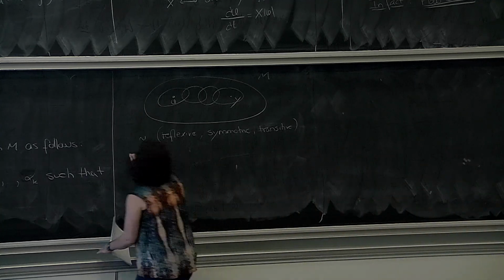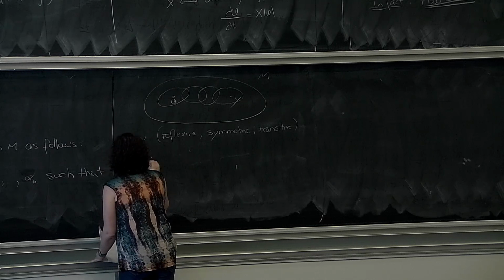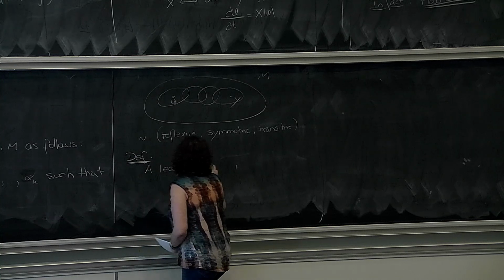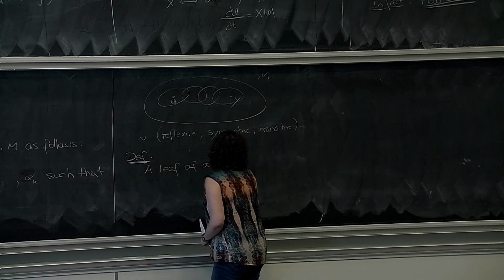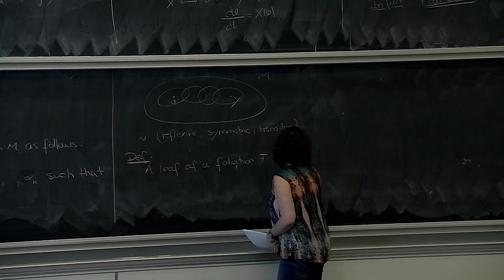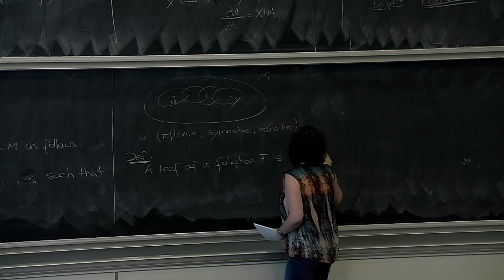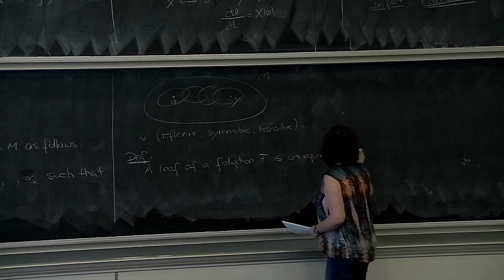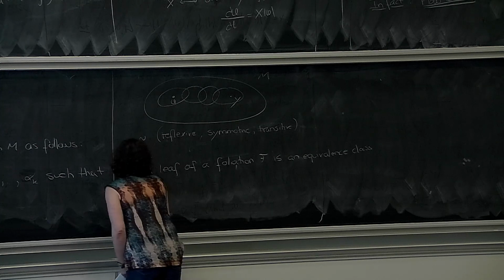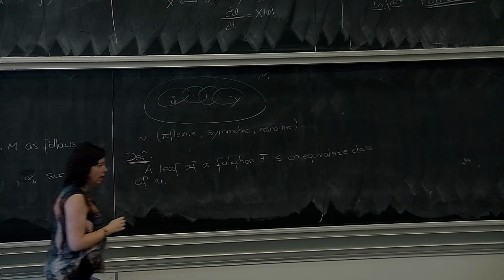So a leaf of a foliation F is an equivalence class of this relation.